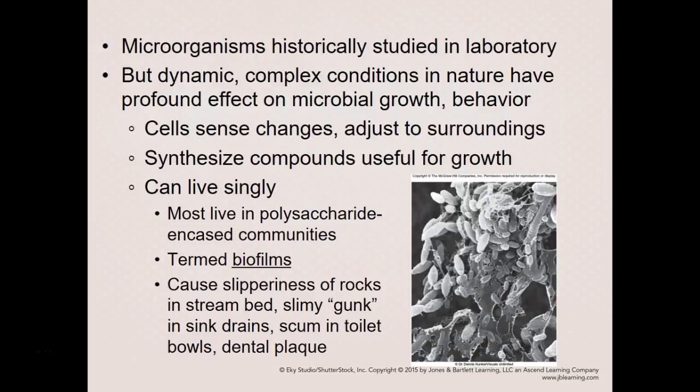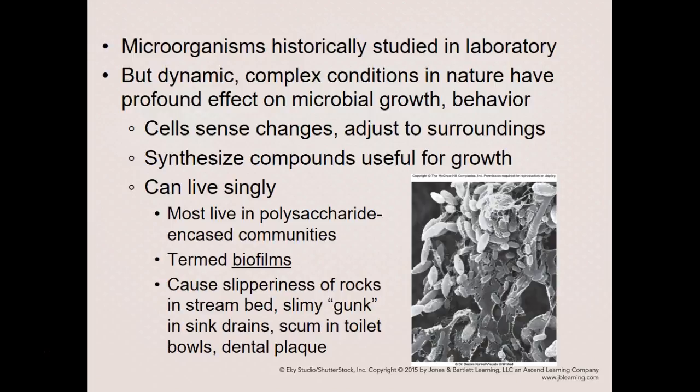When we study microbes, we tend to look at microbes in a laboratory. It's easy. We can grow them, and because we are setting all of the conditions, they grow really well for us. But in the external environment in nature, microbes don't grow the same. They can't. They don't get everything they need.